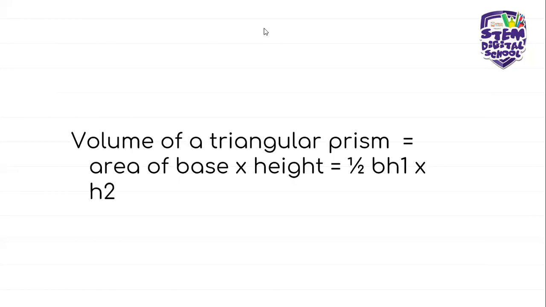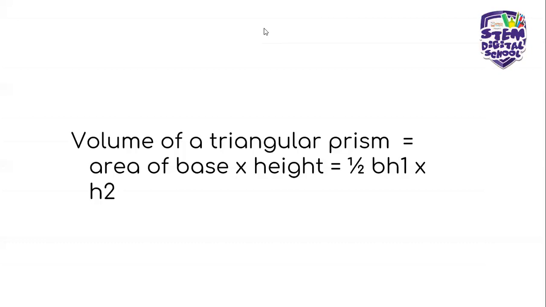Right, the volume of a triangular prism is equal to the area of the base multiplied by the height. And if you can look at this height, I've characterized it as height 1 as well as height 2. So you can see we have h1 and h2. So basically that is what we have in this formula.